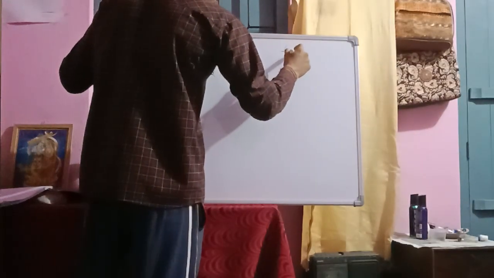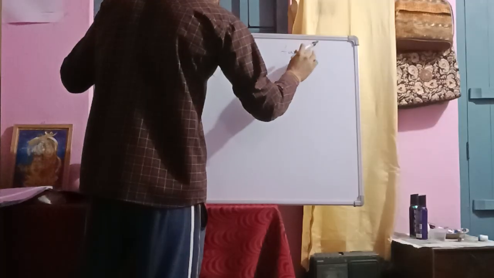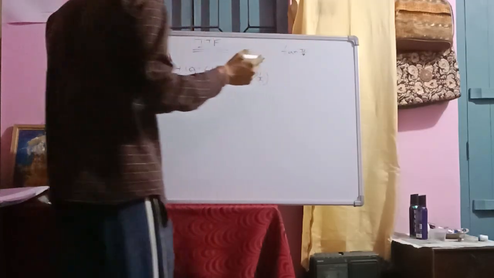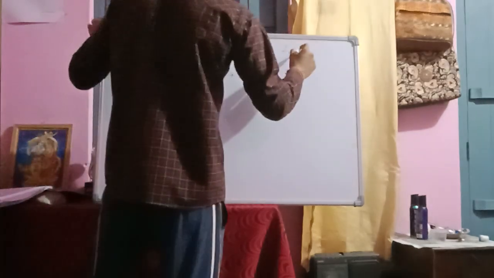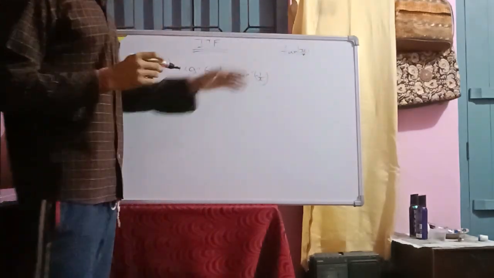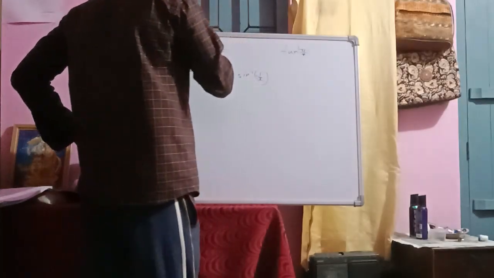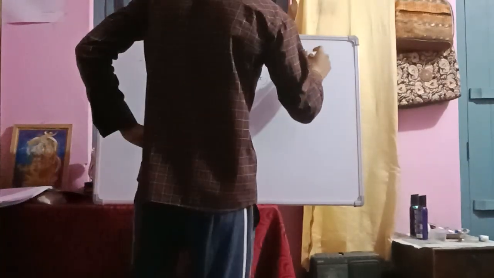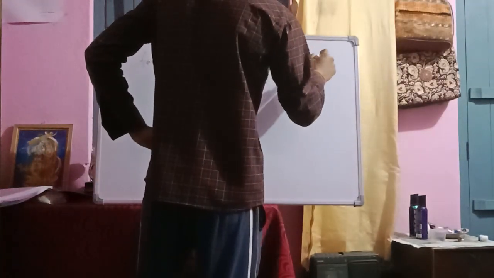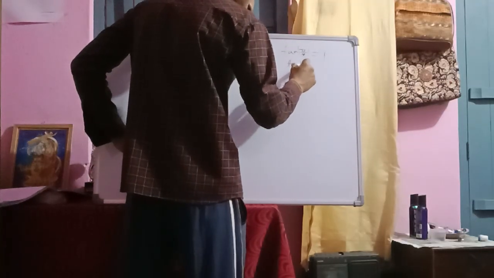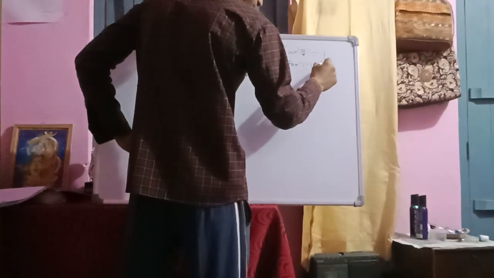First of all, tan pi over 4, that is 45 degrees. I would expect everyone to memorize this. We've been taught about this since 10th standard. Tan 45 degrees is 1, so that means tan inverse of 1 is pi over 4.